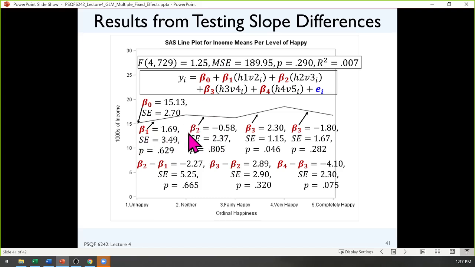And the individual slopes, as we go into the model results, so beta 0 is the expected income for somebody who says they're unhappy. They make about $15,000 a year.